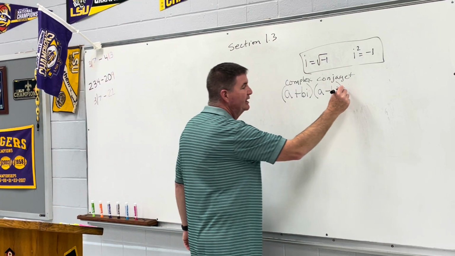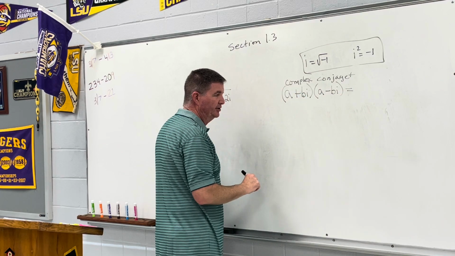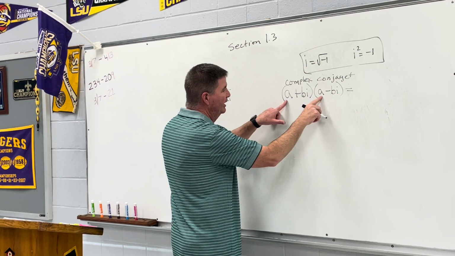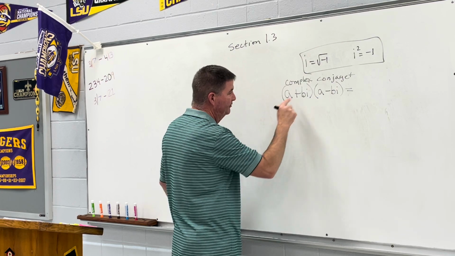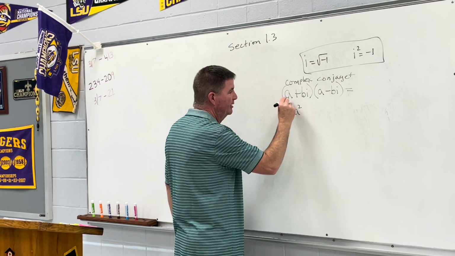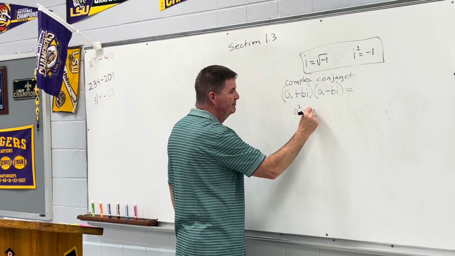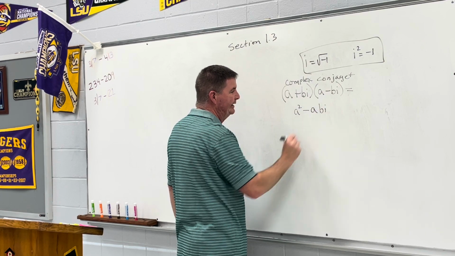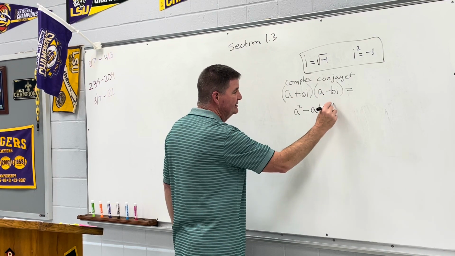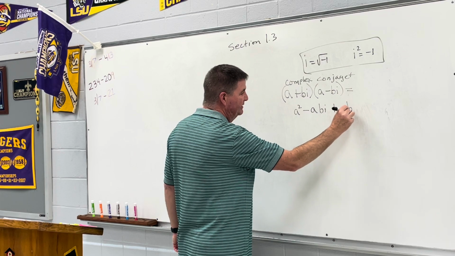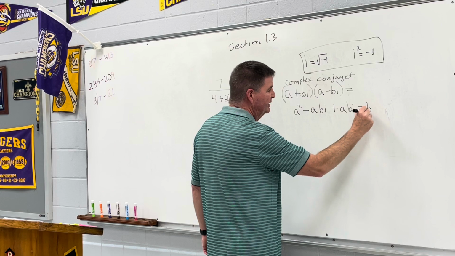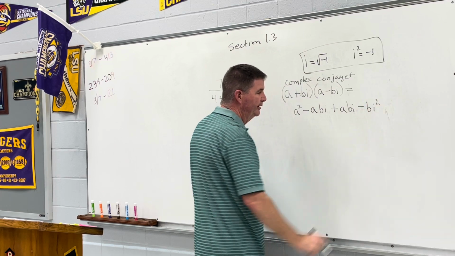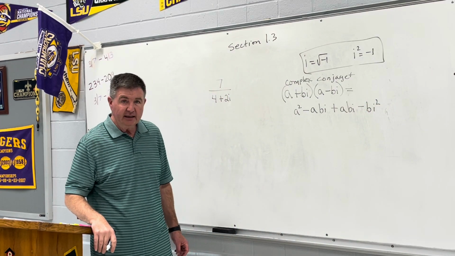And you're going to get an answer, but let's show what we're going to do in order to get it. Multiplying together, FOIL. First times first, a squared. Outside times outside, minus abi. Inside times inside, plus abi. And last times last, which would be negative b i squared.